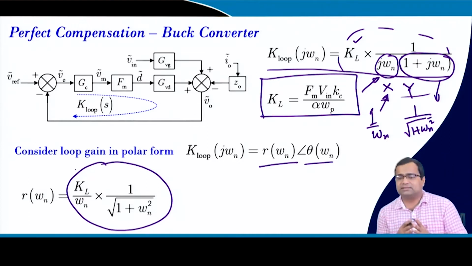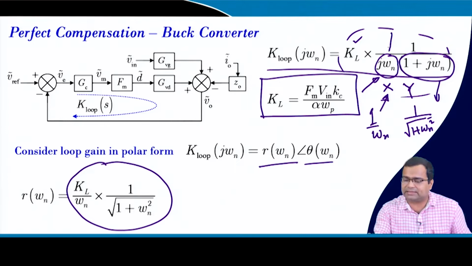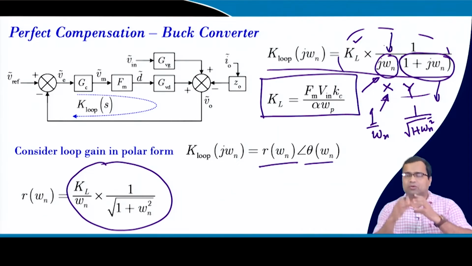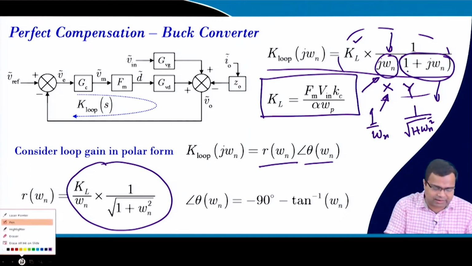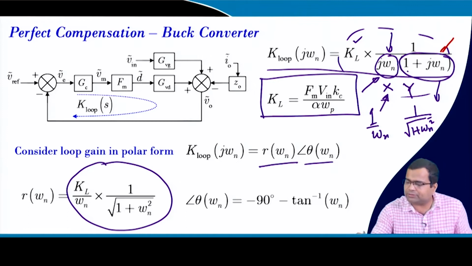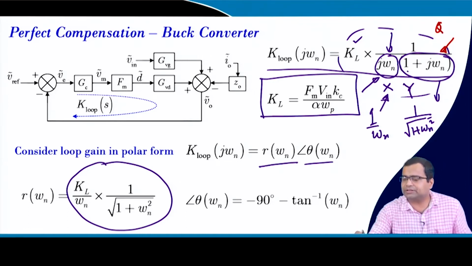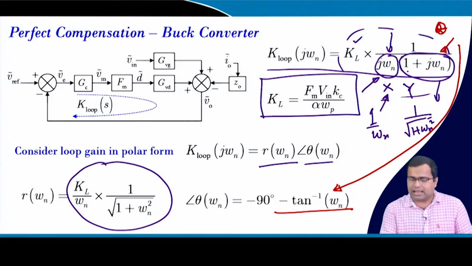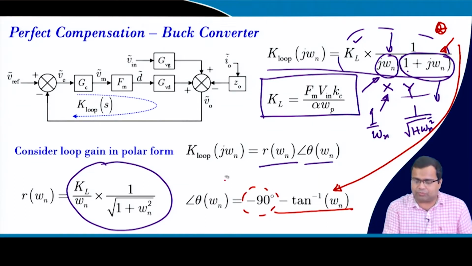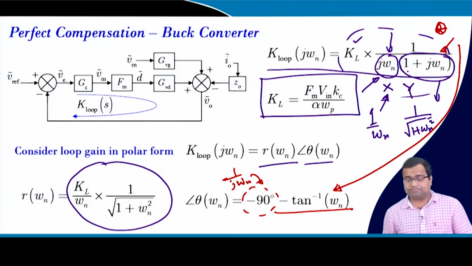Then what is the phase? You see, the phase due to this is nothing but minus 90 degrees, because it is a 1 by s term, 1 by j omega, right. So, it is a complex number with minus 90 degrees, and the phase due to this term, the theta contribution of this, is nothing but this quantity minus of this, and minus 90 degrees is coming due to 1 by j omega n, okay.